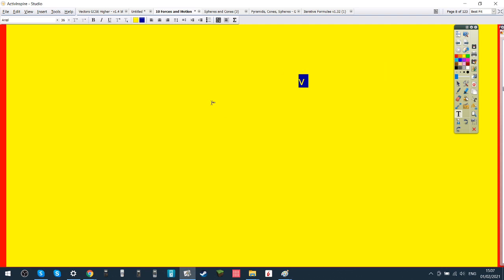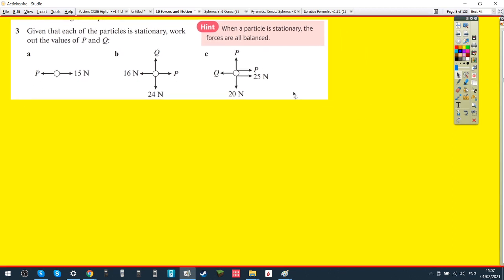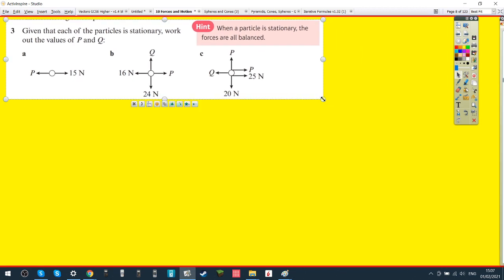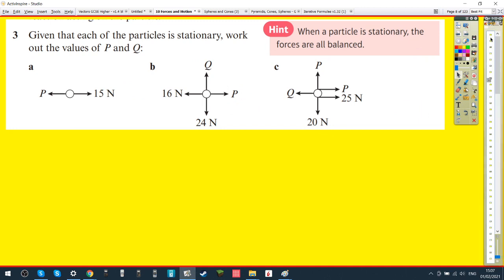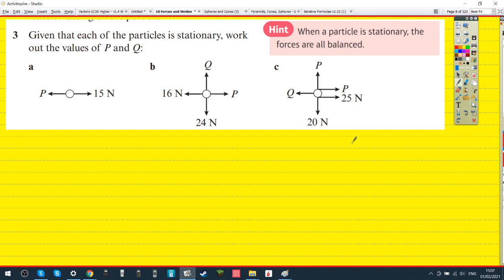And second one? Will P be 16N, Q will be 24N? Yep. Last one.